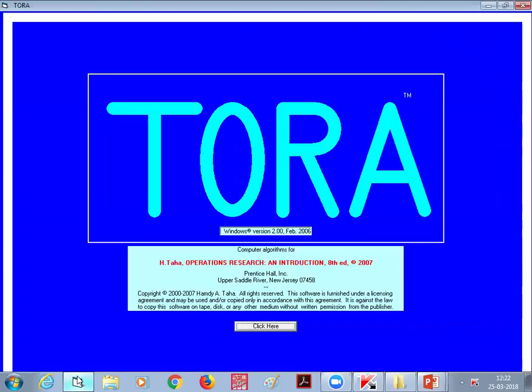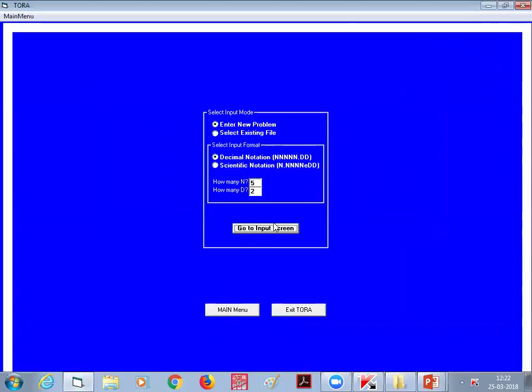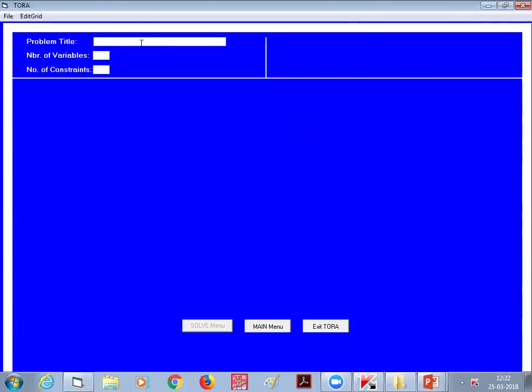That's why it's T-O-R-A. Anyhow, I'm going to solve linear programming problems with this. The nice thing is the graphical output. We can solve also in Excel, and I'll show you that a little later.